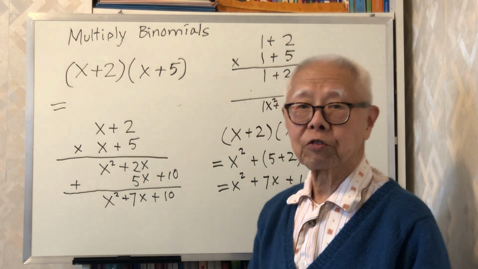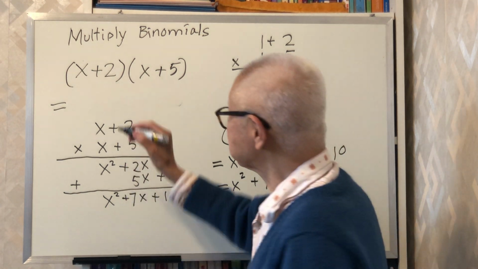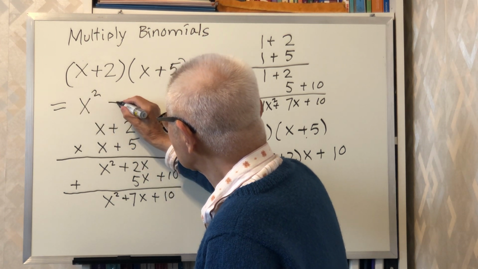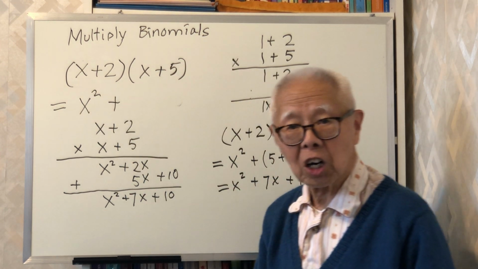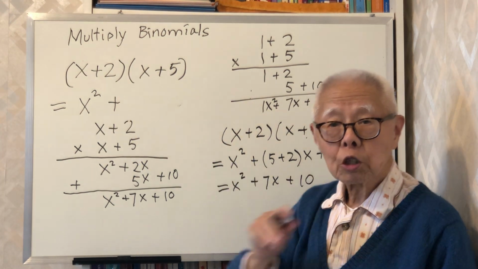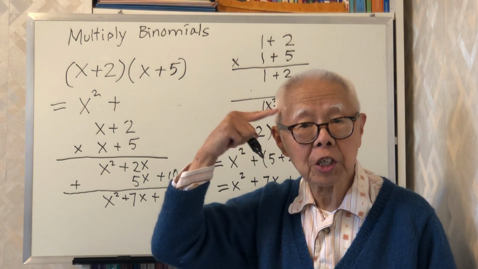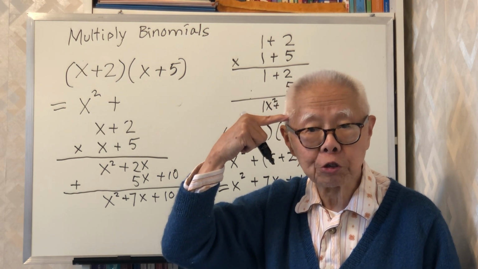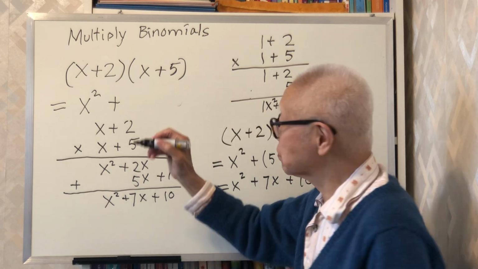the first term, of course, is x squared. The next term is 5 plus 2. Don't write it out. Do it in your head. Do mentally. Do mental calculation. 5 plus 2 is 7.